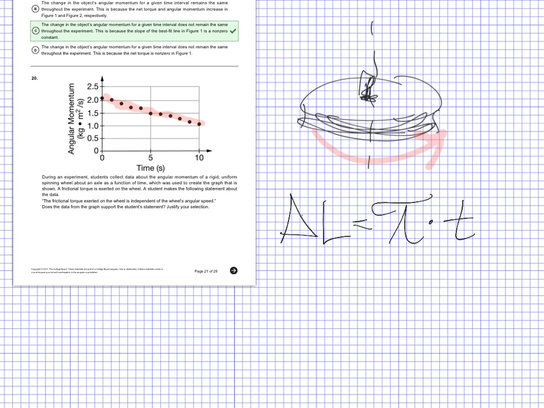And if this torque coming from friction, force of friction acting at some radius away from the hub, was dependent on how fast it was going, you would see the slope of this line change as the function went on for 10 seconds. But the fact that it stayed consistent in its slope means the change of momentum was constant, meaning the torque was independent of that value.